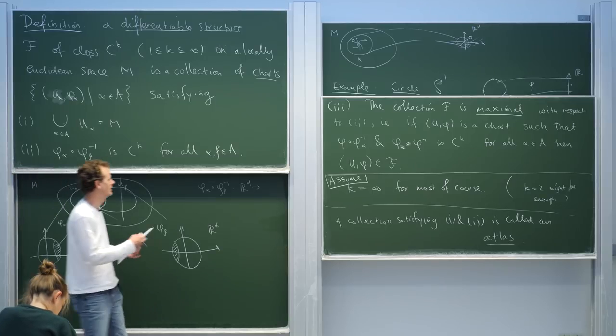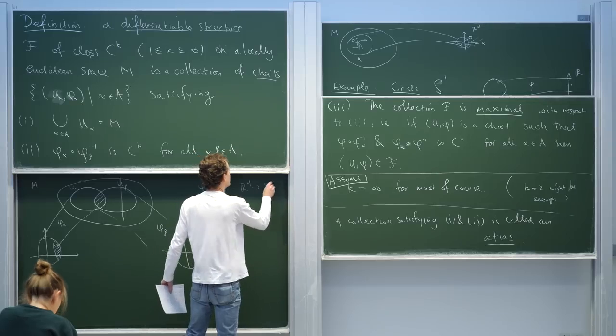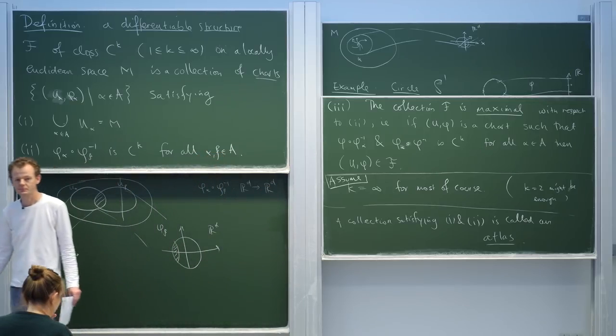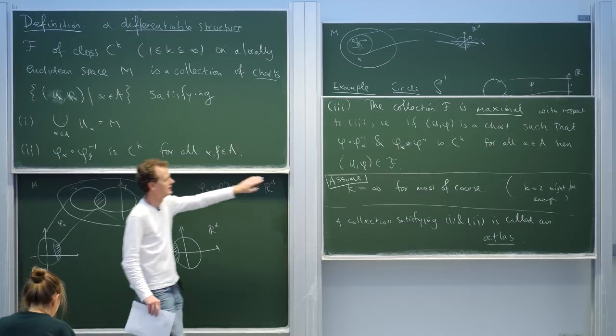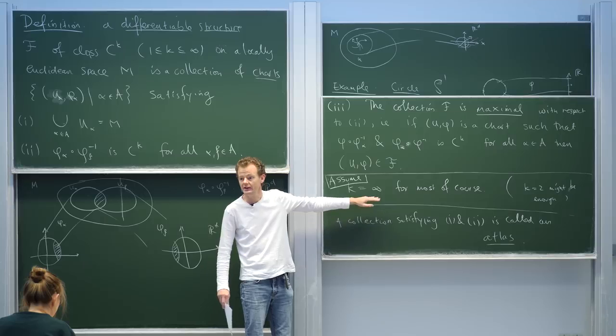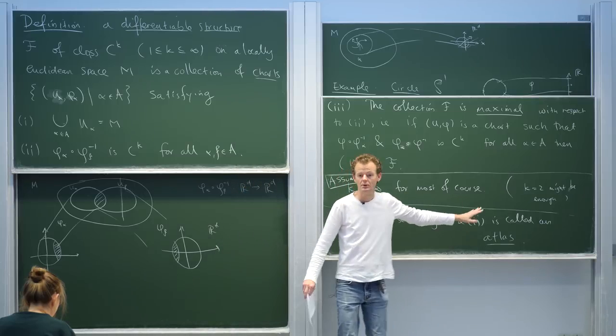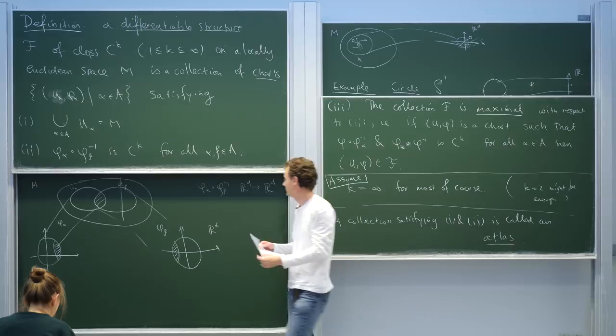So this is a map from R to the D to R to the D. And we're demanding that this map is k times differentiable, or, since we're making this assumption, infinitely differentiable wherever it's defined. That's what we're demanding.